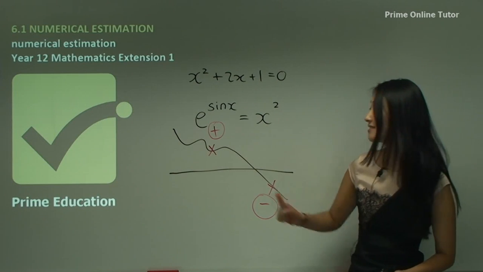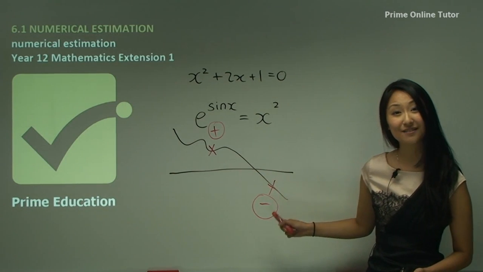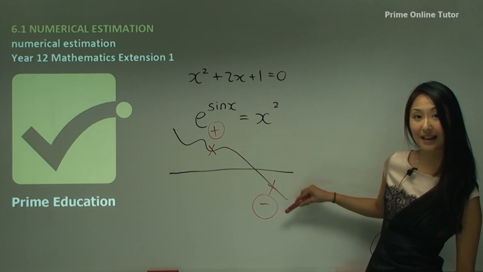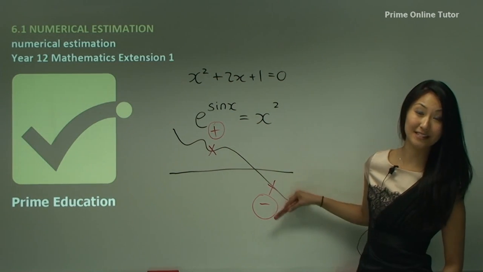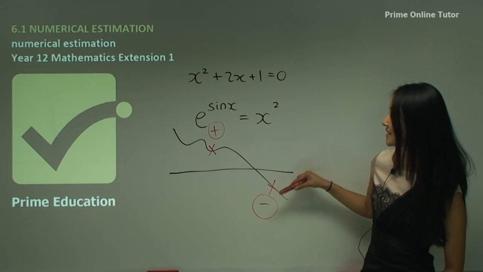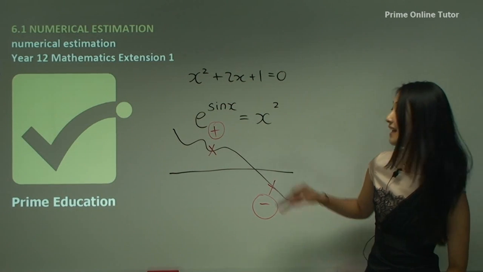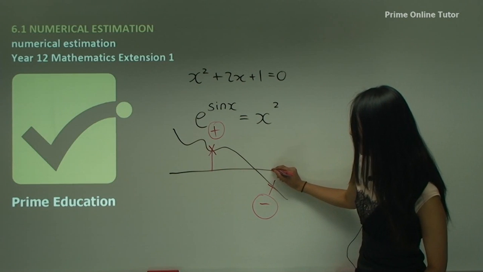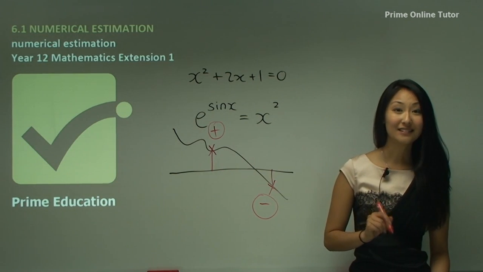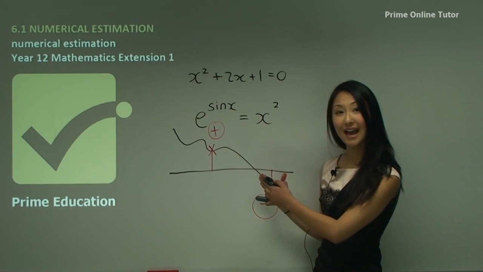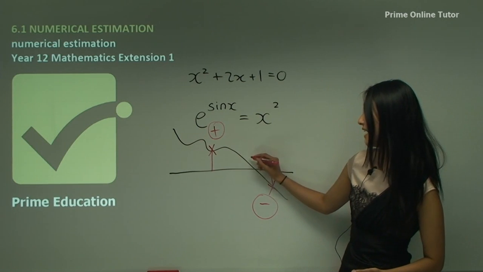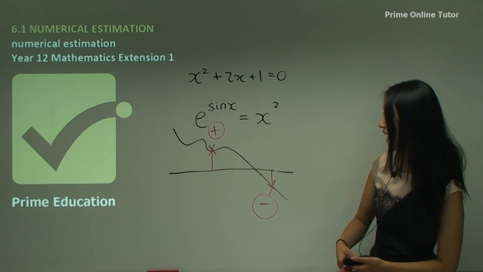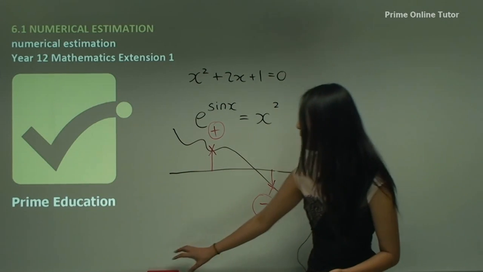Because this is positive and this is negative, we assume that this graph has to cross the x-axis to go from positive to negative, right? We take advantage of that fact to estimate that the root has to lie between this value and this value, and then we try to narrow it down until we find a narrow interval. So that's how the halving the interval method works.